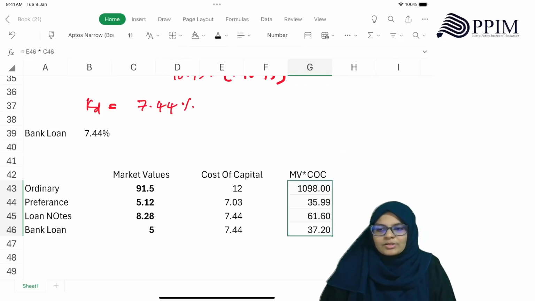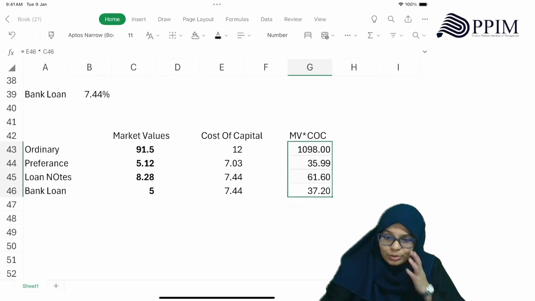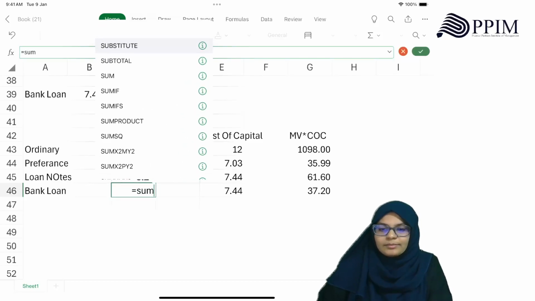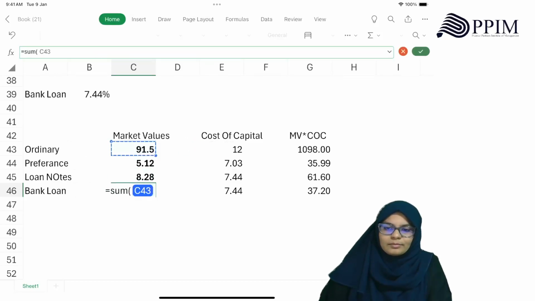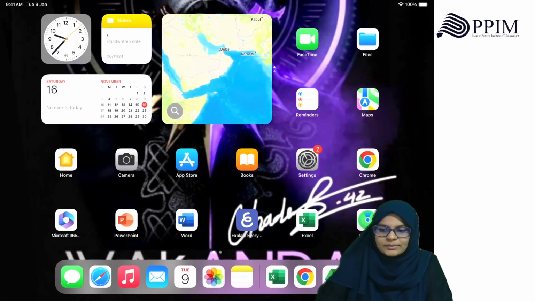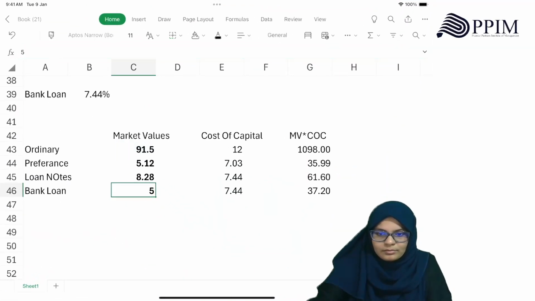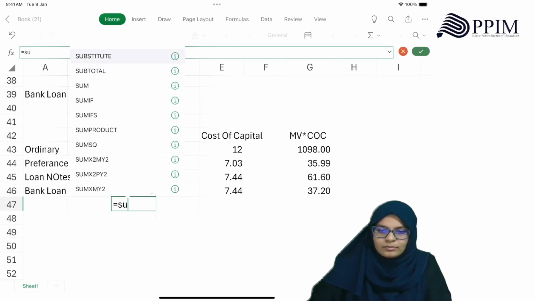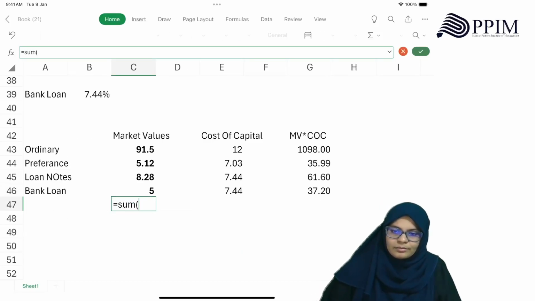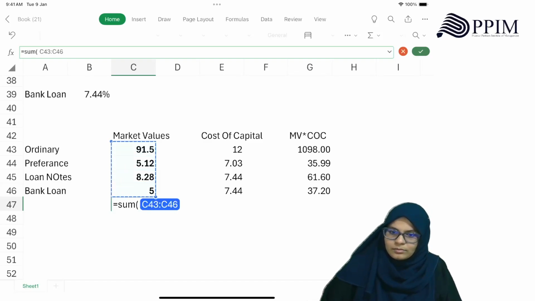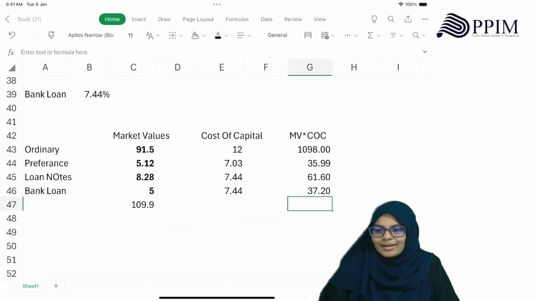Okay. So now what you have to do, you have to take two totals, right? One under the market value column. So let's take a total here. And one under this column.